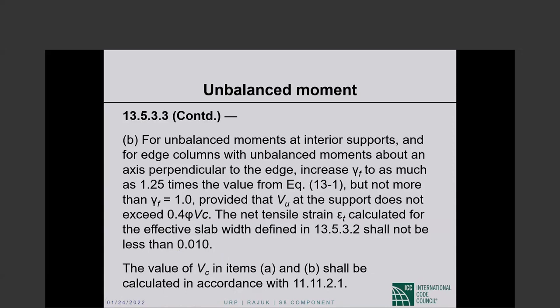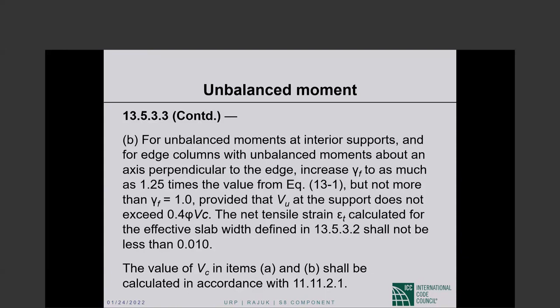In addition, the net tensile strain that I discussed with you, calculated for the effective slab width defined in, I don't think we have gone there, the effective slab width, it is coming up, shall not be less than 0.010. All of that will not register, but I will show you numbers.